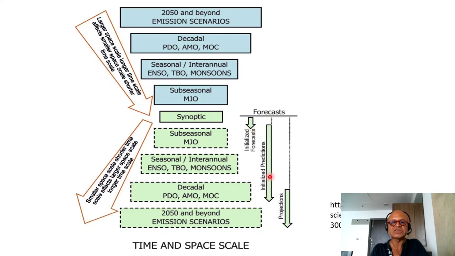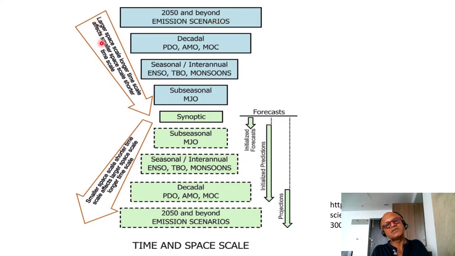Initialized predictions can be seasonal to interannual, or nowadays there are also attempts to make decadal climate predictions as well as decadal Earth system predictions. And of course we are also now engaged in projections under the IPCC, Intergovernmental Panel on Climate Change, which obviously looks into the future with scenarios and beyond emissions scenarios.